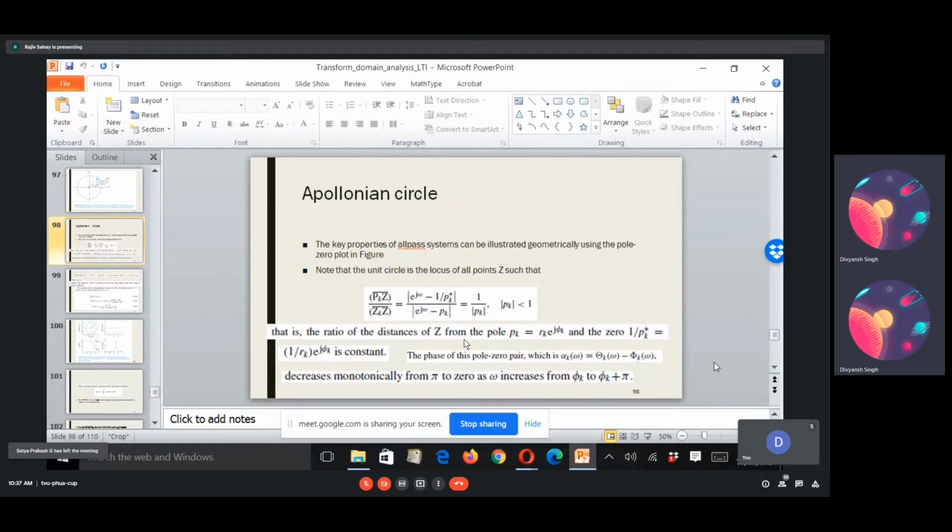So this is the Apollonian circle, the circle defined by the locus of the ratio of these two distances. So a first order all pass system is composed of a pole and the reciprocal zero. This is the idea about an all pass system. It has a constant gain and will produce a constant delay.